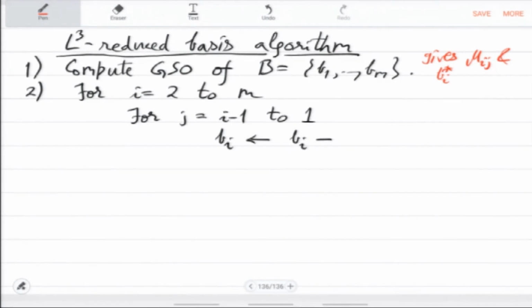Okay, so let's do that. Let us round off mu ij to the nearest integer.